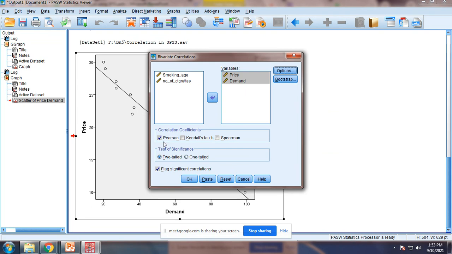What is required is that you need to have Pearson checked, two-tailed checked, and flag significant correlations checked. So all these three should be ticked. By default, this is what will be selected. If not, you will have to manually select all these three. And after that, just click on OK.